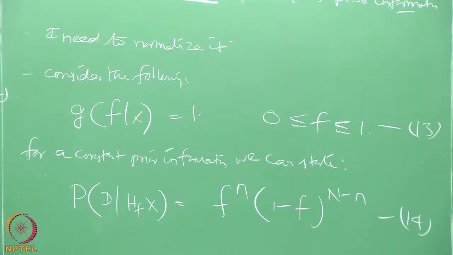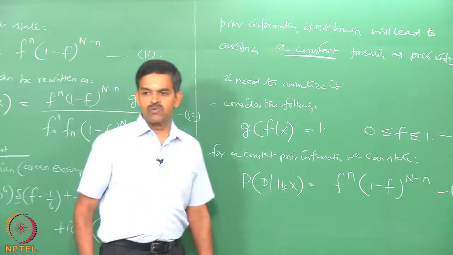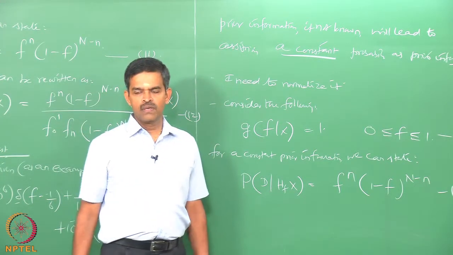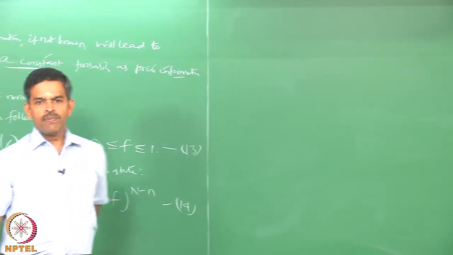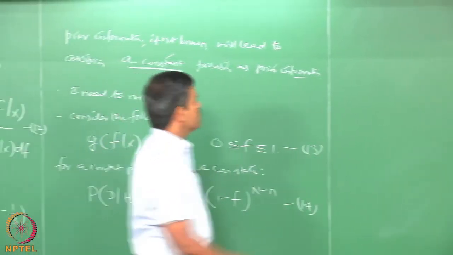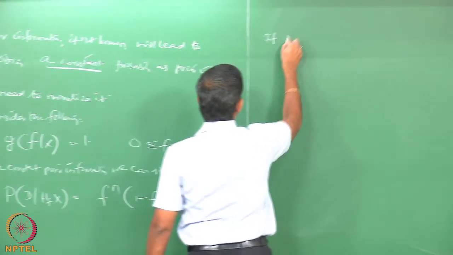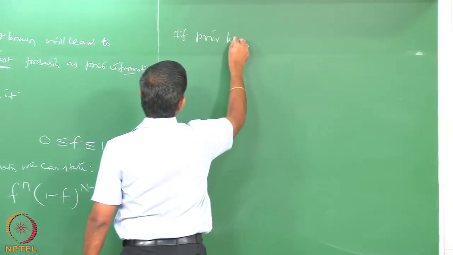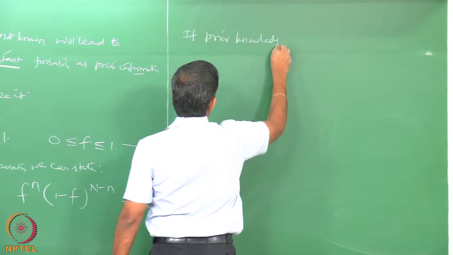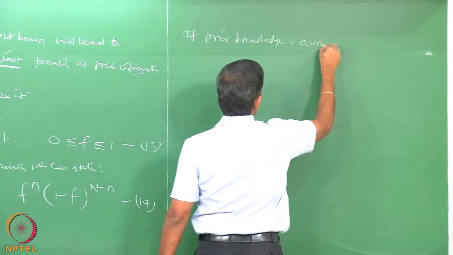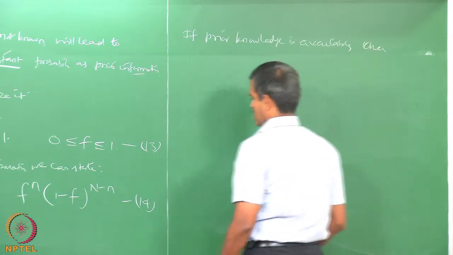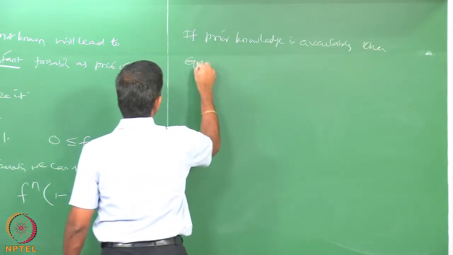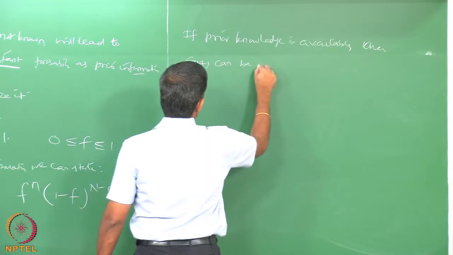Suppose I have a prior knowledge about the failure status of the offshore structure, I want to use it. So, now this equation 14 can be modified. If prior information or knowledge is available, then equation 14 can be modified.